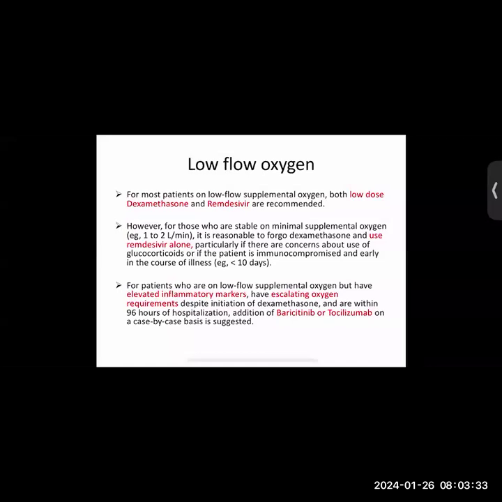But if there's a need to increase the oxygen from low flow to high flow, then that means there will be a need to add the immunologics in patients.